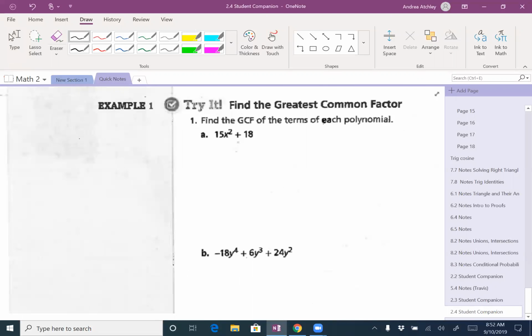What's GCF, you guys? Very good. It's the greatest common factor.